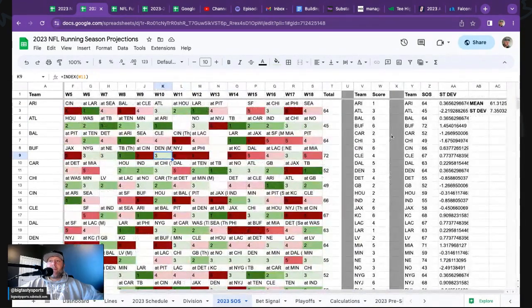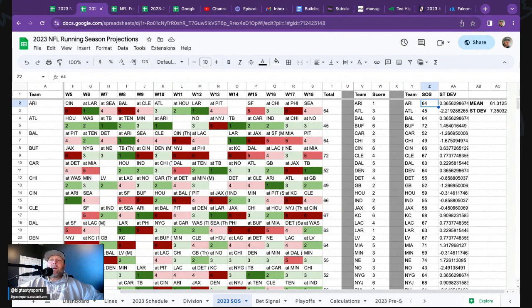But in addition, I have over here on the right, again, all the teams in alphabetical order. This is their total for their strength of schedule. So you could glance through these. You don't have to look over there on the left, but you can see where everybody's at. And then beside it is the number of standard deviations they are away from the mean.